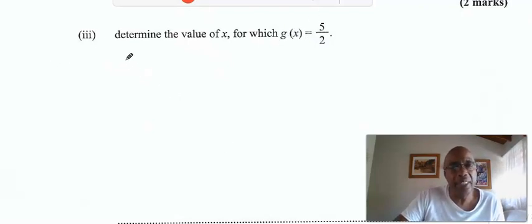So let's write it down. 3x over x plus 1 as g of x, and from the sum that equals 5 over 2.